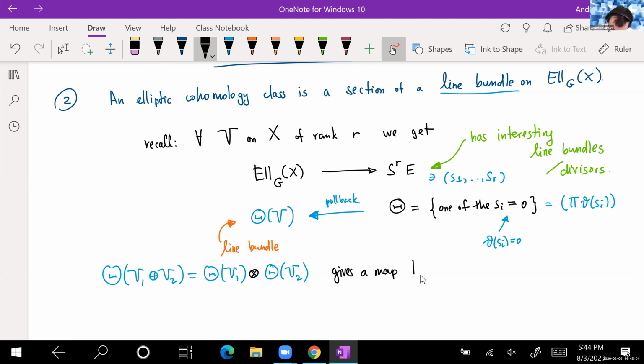from equivariant K theory of X to Pic of elliptic homology. That clear? And that map you can compute from the line bundle.